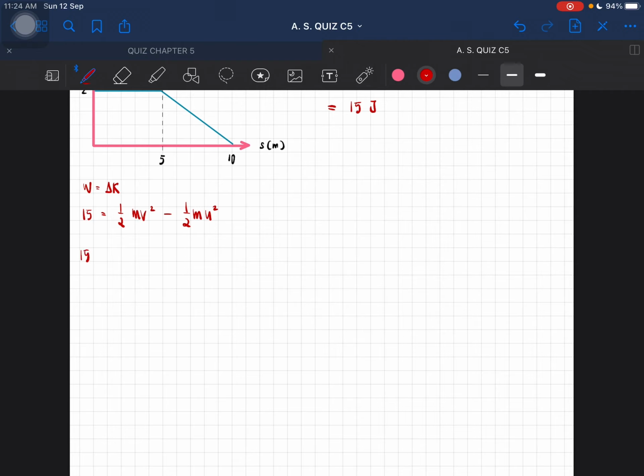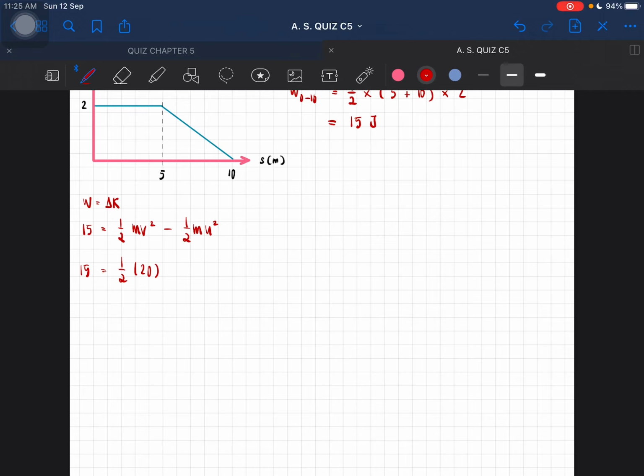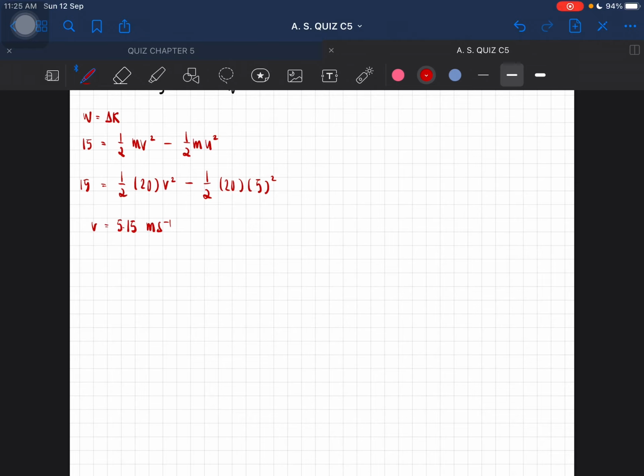So 15 equals half times 20 times v square, minus half times 20 times 5 square. So you should get the velocity of the object to be equal to 5.15. So that is your solution for question A.